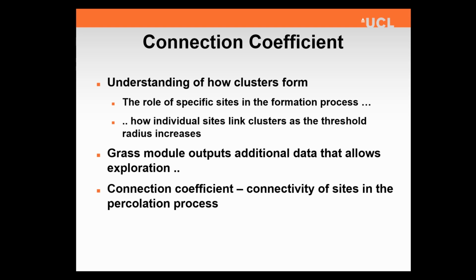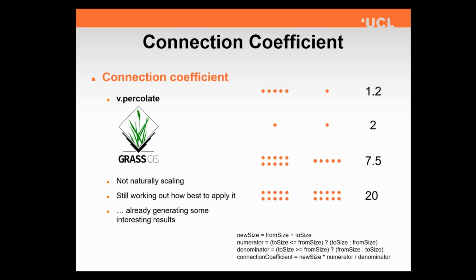In particular, we're interested in sites around the edge of clusters. Are they marginal or are they key? And how do those individual sites link clusters? The module that we've developed provides additional information for that, and we've developed a connection coefficient that gives a measure of the connectivity of sites as those clusters grow.